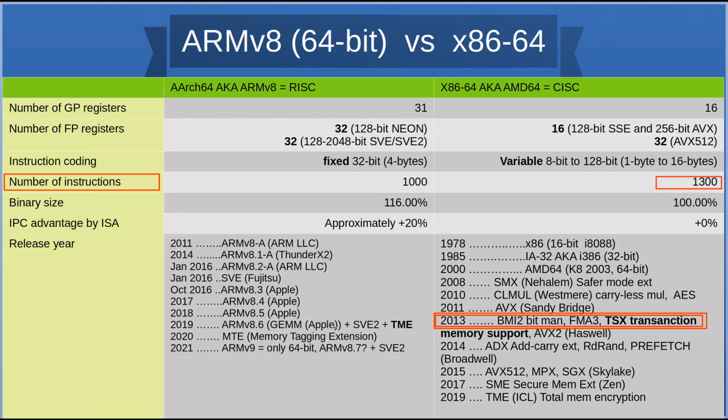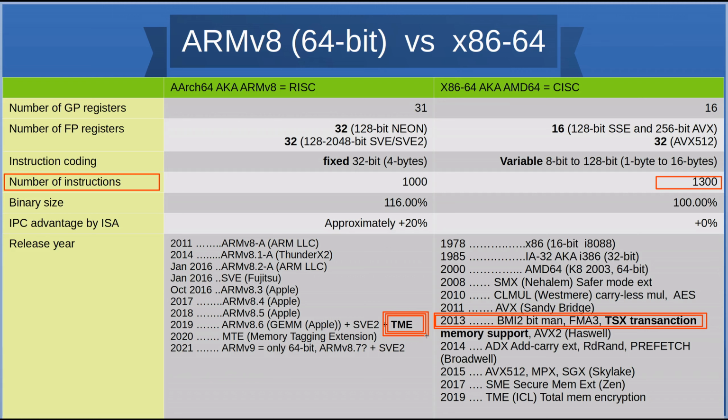But you can see here there is an equivalent. ARM introduced the transactional memory extension, which actually does the same thing as TSX in x86. So you can see ARM actually is keeping pace with those really useful server-grade instructions.